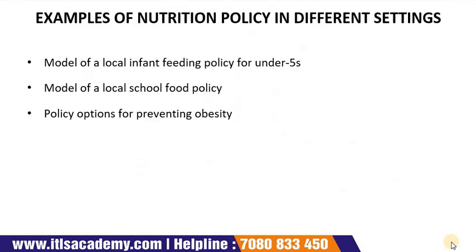Now, next are some examples of nutrition policy in different settings. The first model is a local infant feeding policy for under fives. In this, the nutrition policies are provided for children under five at day nurseries, playgroups, and child minders.